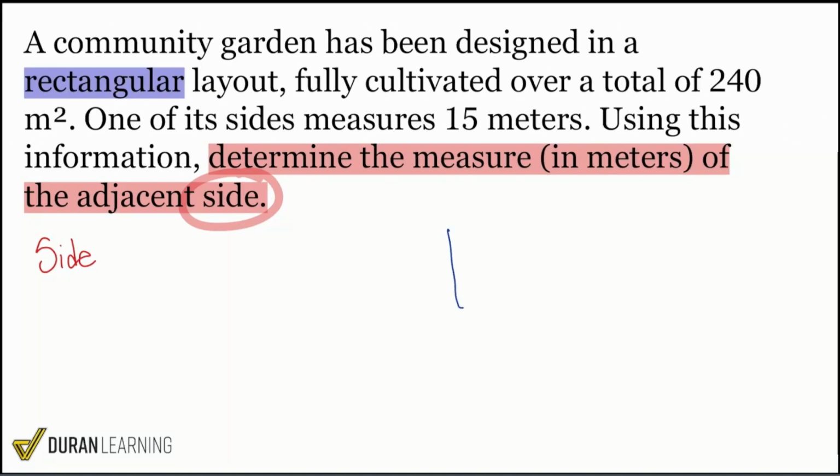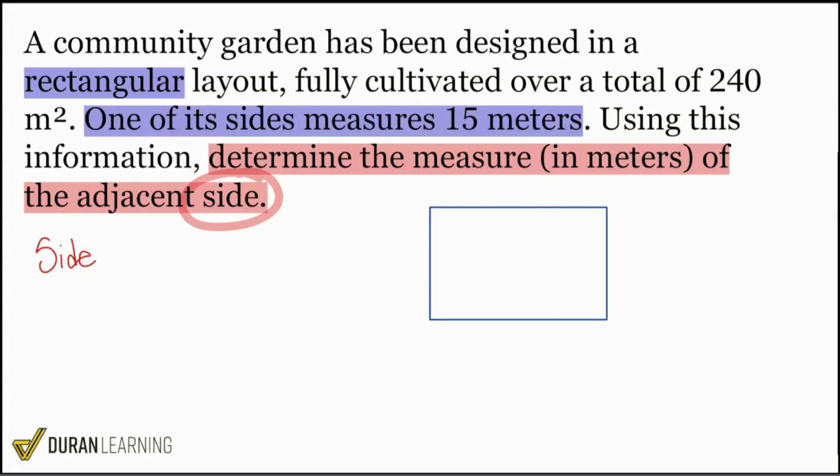They tell us in this rectangle, one of the sides measures 15 meters. Okay, that means that this right here is 15 meters. If they're asking you for the adjacent side, that's the side next to it. That's what they're saying. So does that help anybody and relieve a little bit of pressure from anybody knowing that now?